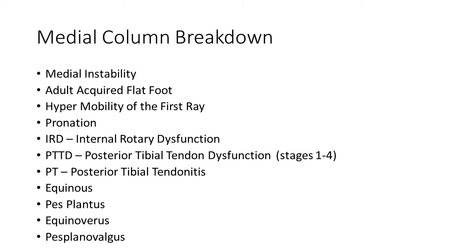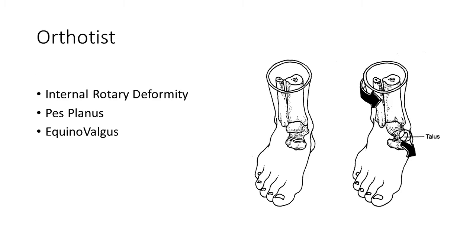Medial column breakdown has been described with all these different terms, and each profession seems to have a favorite term or two. I'm an orthotist, so I tend to use the word internal rotary deformity. And internal rotary deformity worked for me for a long time, and I understood that there was this closed kinetic chain of pathology when the tibia rotates and the forefoot abducts and the hindfoot goes into valgus and maybe even have genu valgum. It all seemed to connect.